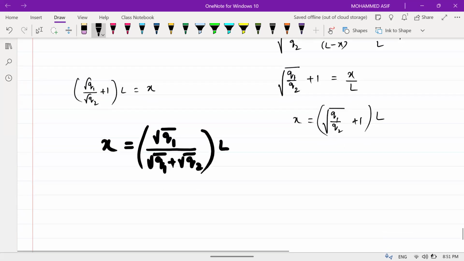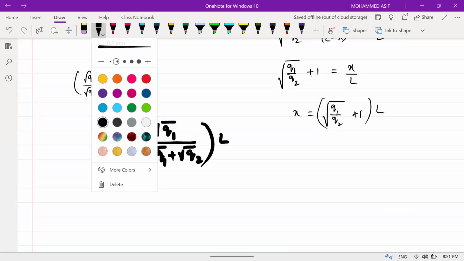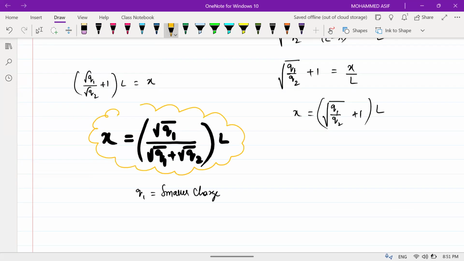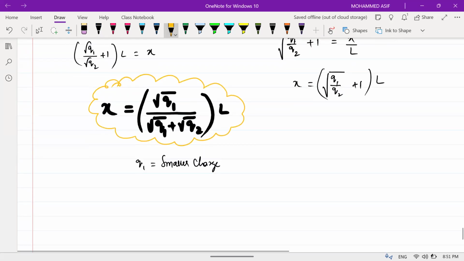Q1 is the smaller charge here, and Q2 is your larger charge. Clear? Yes, sir. This is the shortcut formula you need to remember. When two charges are being given, where should the third charge be kept in between them? Say for example, tell me the answer for this one faster.